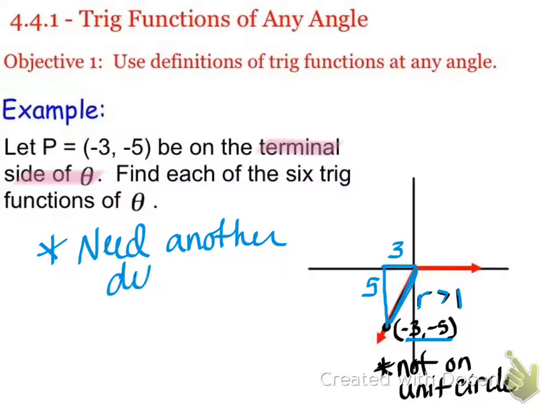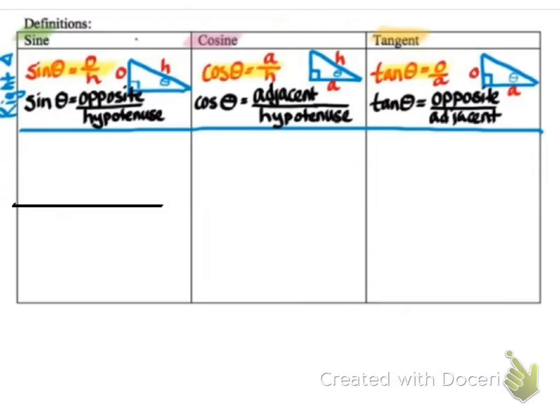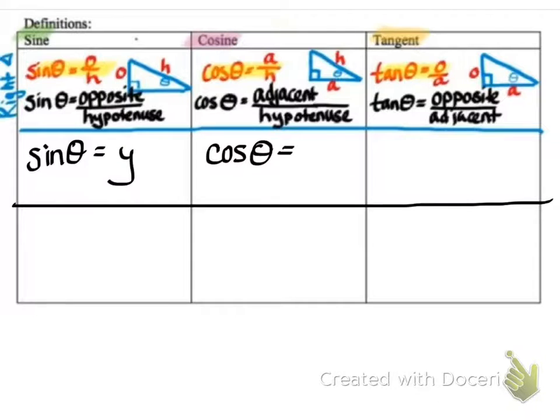So we are going to define one more definition of the trig functions that will work for any angle in any situation. You already have the following definitions: sine is y, cosine is x, and tangent is the ratio between y and x. Now we need another definition for when we don't have a unit circle.